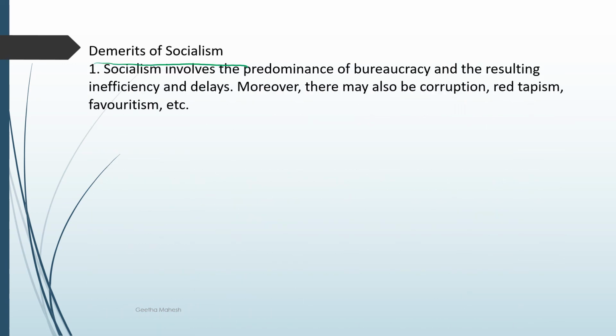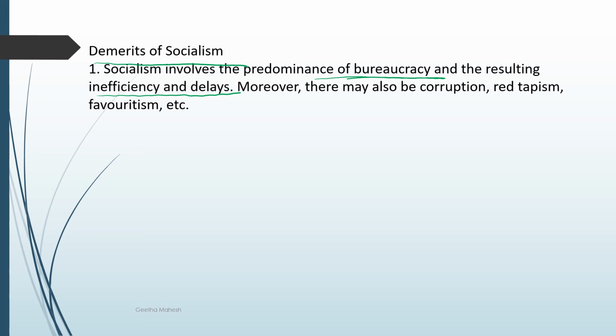Dear students, now let us discuss the demerits of socialism. You know, in a socialistic economy, all economic activities will be owned and controlled by the government. More involvement of government leads to predominance of bureaucracy, resulting in inefficiency and delay.